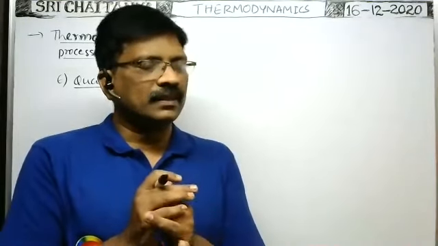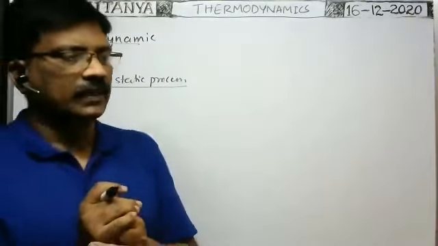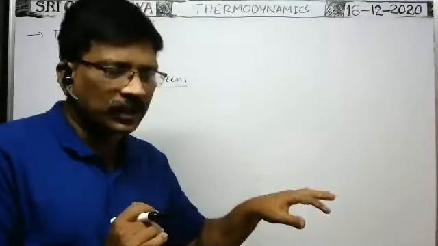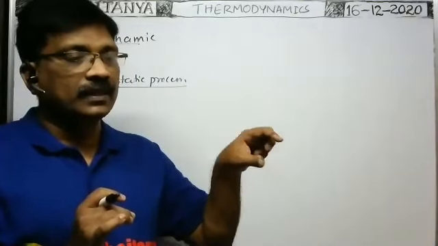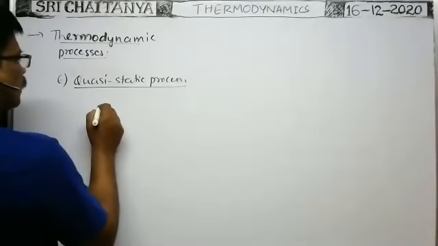In a quasi-static process, as it is an infinitesimally slow process, it is in thermodynamic equilibrium with the surroundings. Such a process is called the quasi-static process.